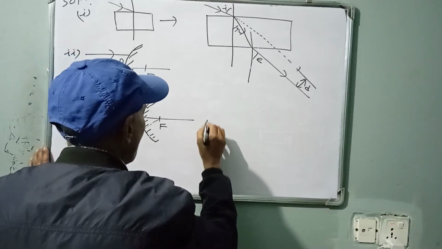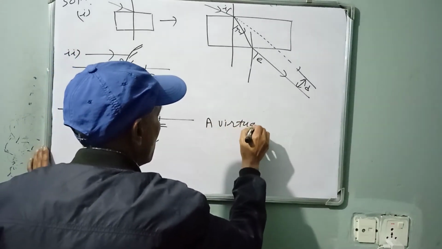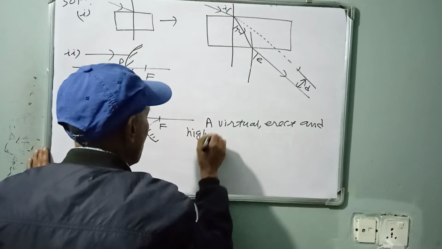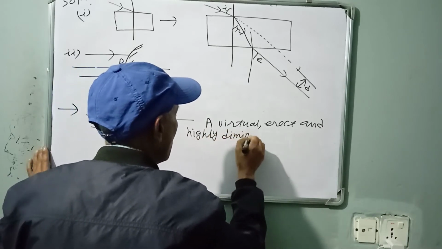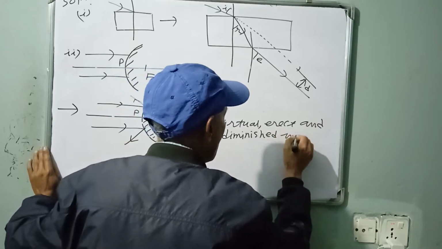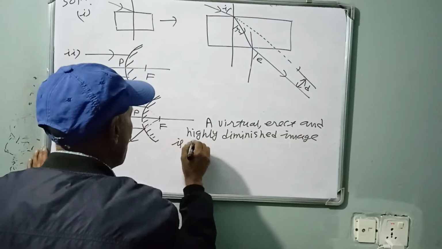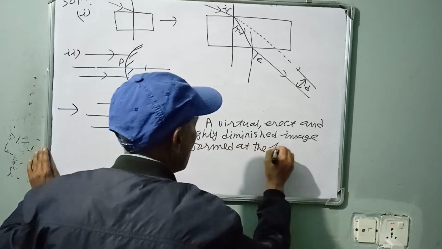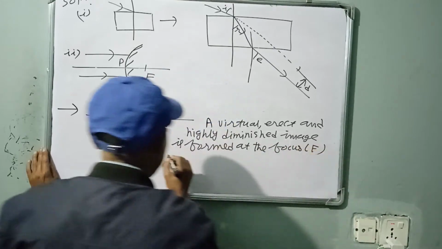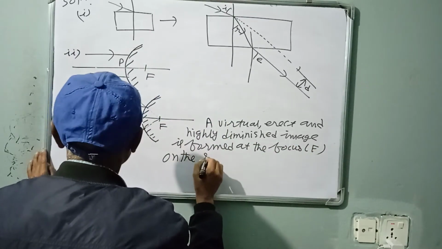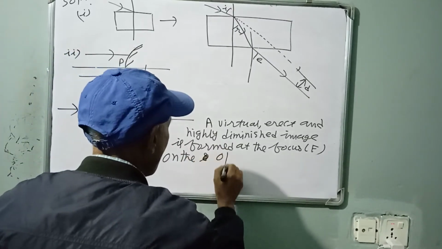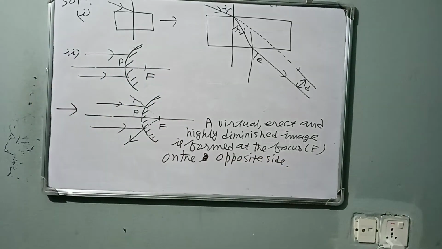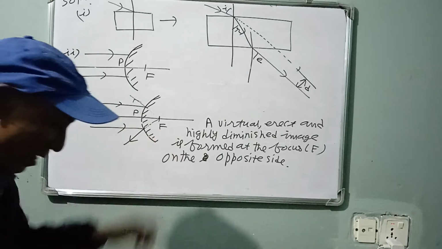Image of virtual, erect and highly diminished image is formed at the focus F on the opposite side. Object left side, image right side.